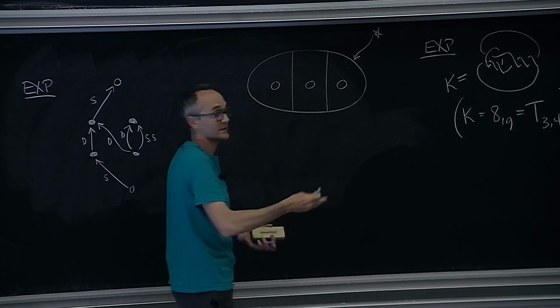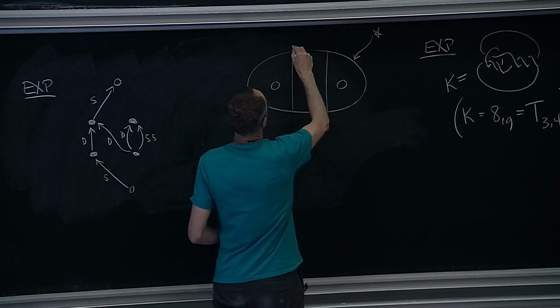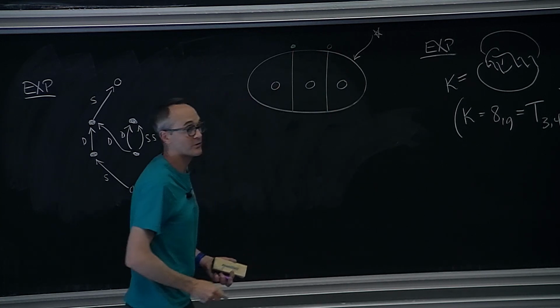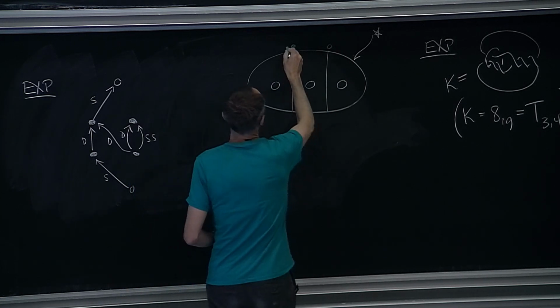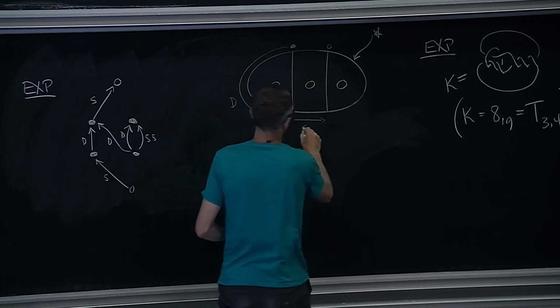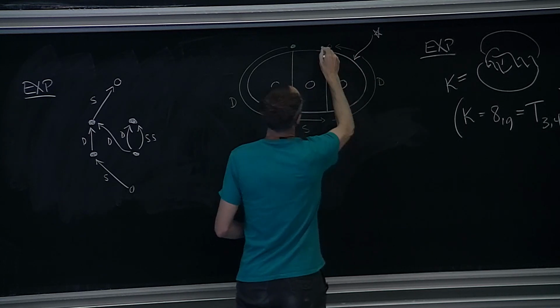Green arcs are cutting the surface up, and they have 2 different roles with 2 different idempotents, and now running around the boundary is my D, S, and indeed there's 2 different D's and 2 different S's.